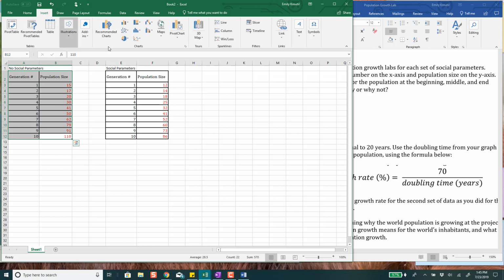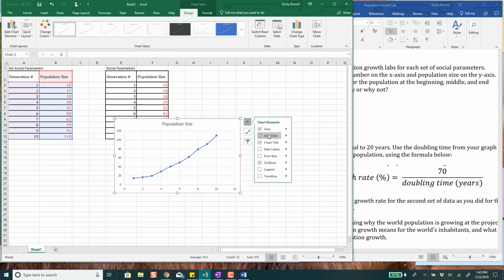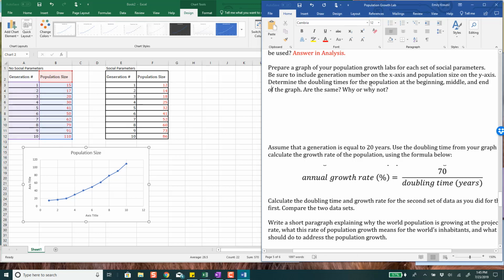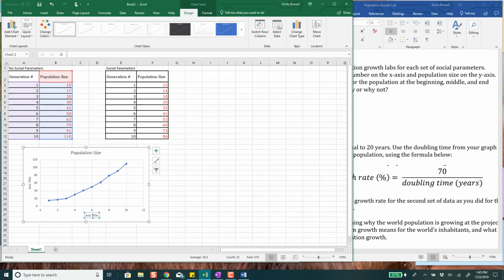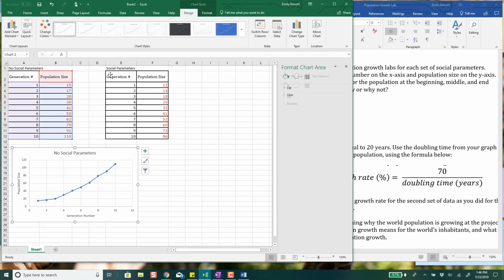I'm going to see if it'll make it correctly right here. So we want generation number on the x-axis, which is what it did, but I need to label it. And then I'm going to do population size. And I'm going to call this one no social parameters. Okay, so I've got one graph, and now I'm going to make my second one.